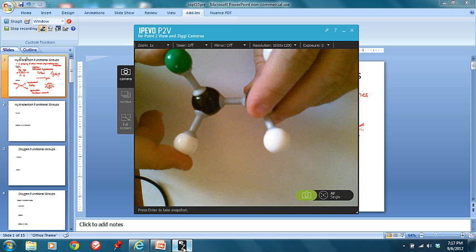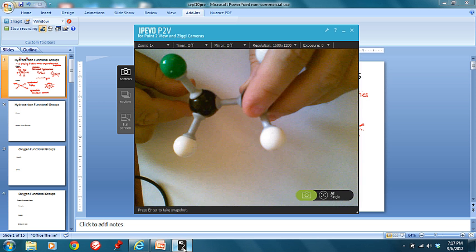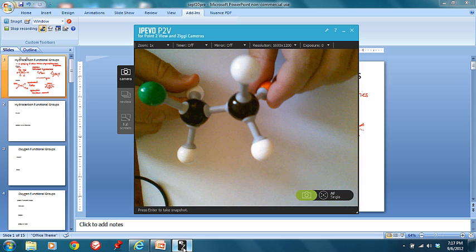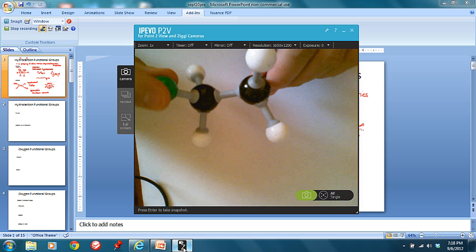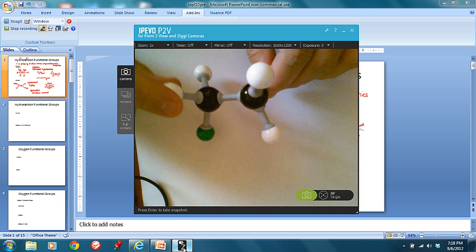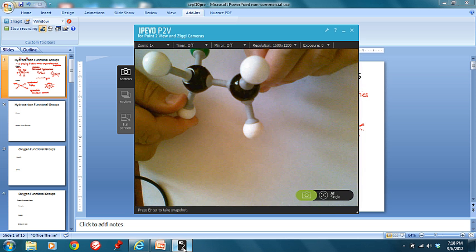Now this costs energy, but the energy it costs is usually available at room temperature, and so that's why we say there's relatively free rotation around the carbon-carbon single bond.